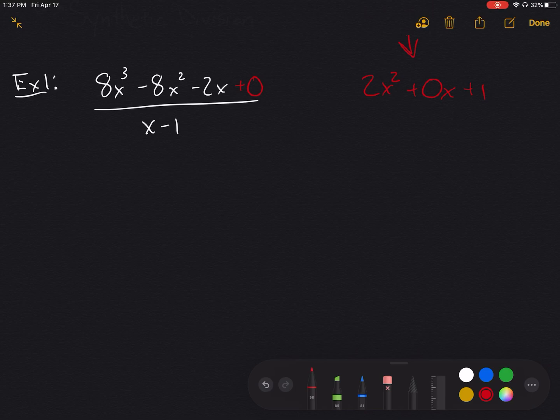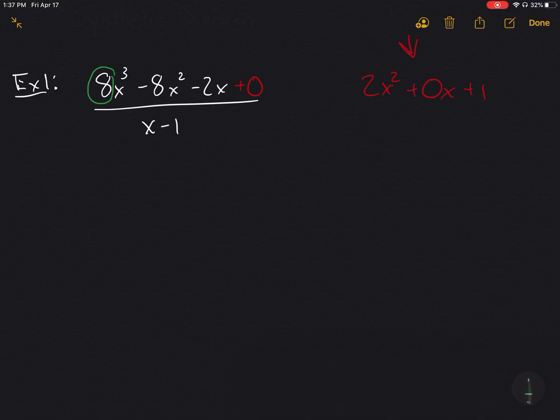The downside is that it's a little bit quirky and it's maybe not overtly obvious what we're doing or why it works. But the first step after we've set everything up is to find all of the coefficients of the term that I'm dividing. So 8x cubed, the coefficient there is the 8 out front. A coefficient is just what we're multiplying something by, so I'm multiplying my x cubed by 8.